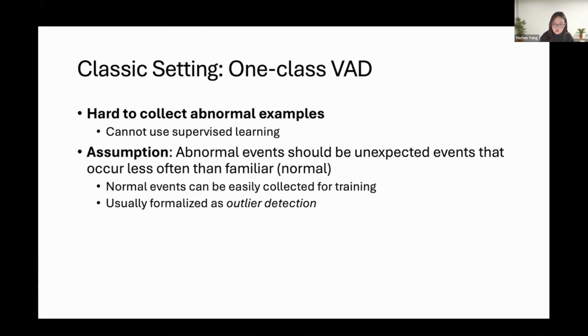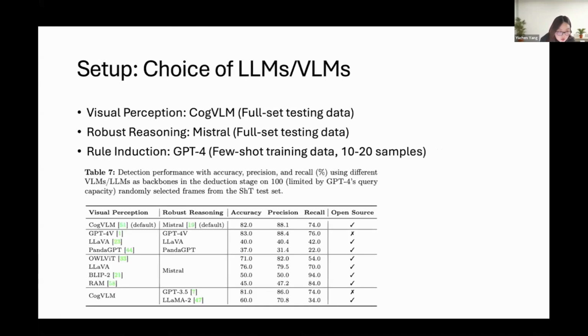As I mentioned in the slides, in the rule induction stage we only use GPT-4, which needs 10 to 20 queries.